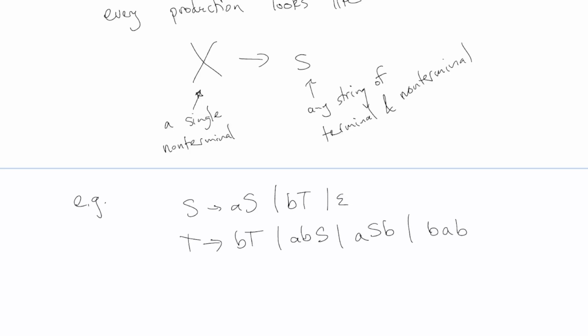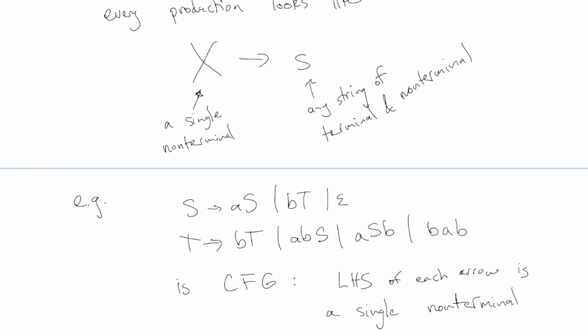I'm just making this up. This is a context-free grammar. All that means is the left side of every arrow is just one single non-terminal. That's what context-free grammar means.